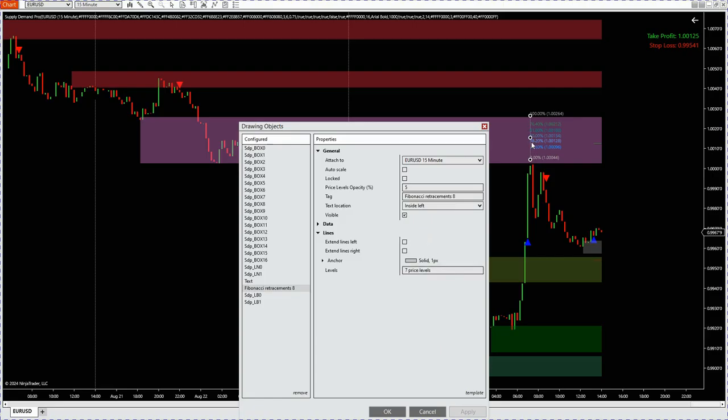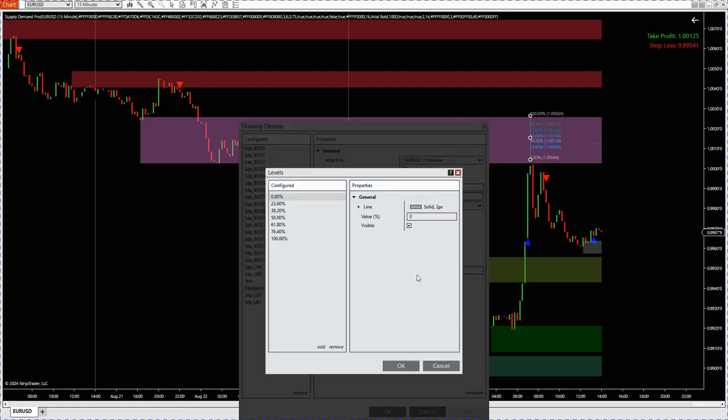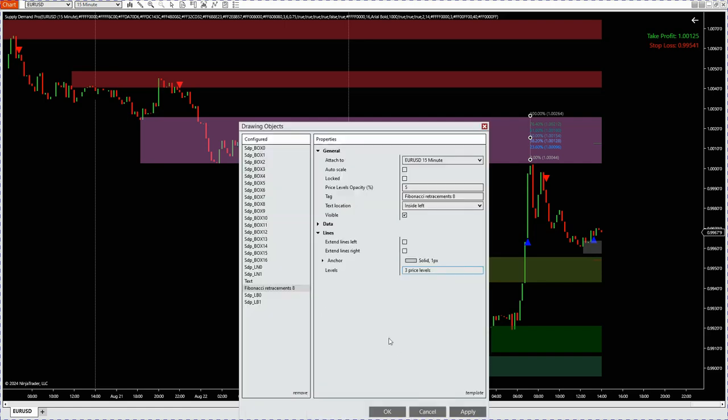We draw a regular Fibonacci on this NinjaTrader platform, then come to the properties and check the levels, and remove the 23, the 38, the 61, and the 76. So we've modified this, and we'll apply it, and we have that there now.